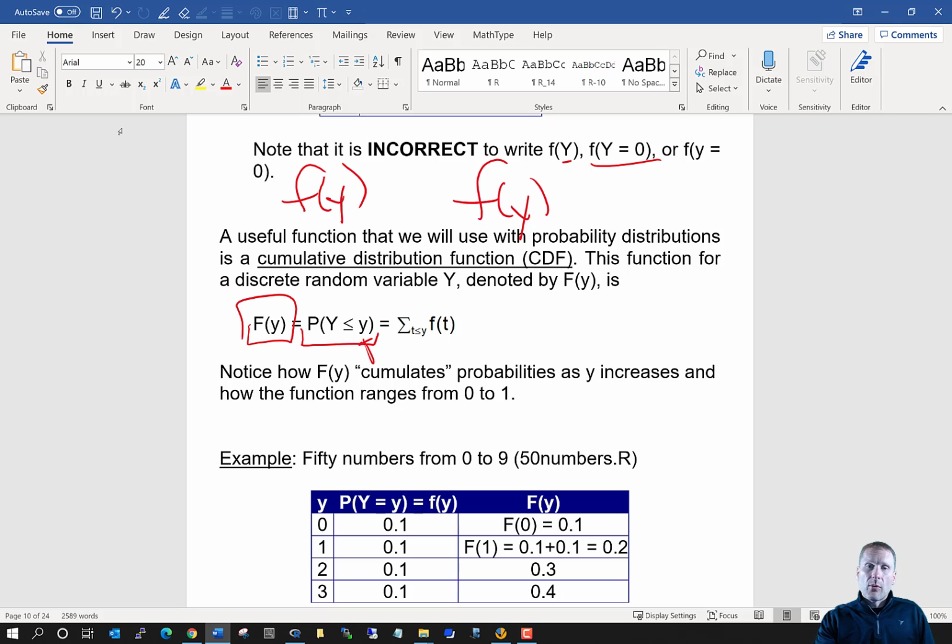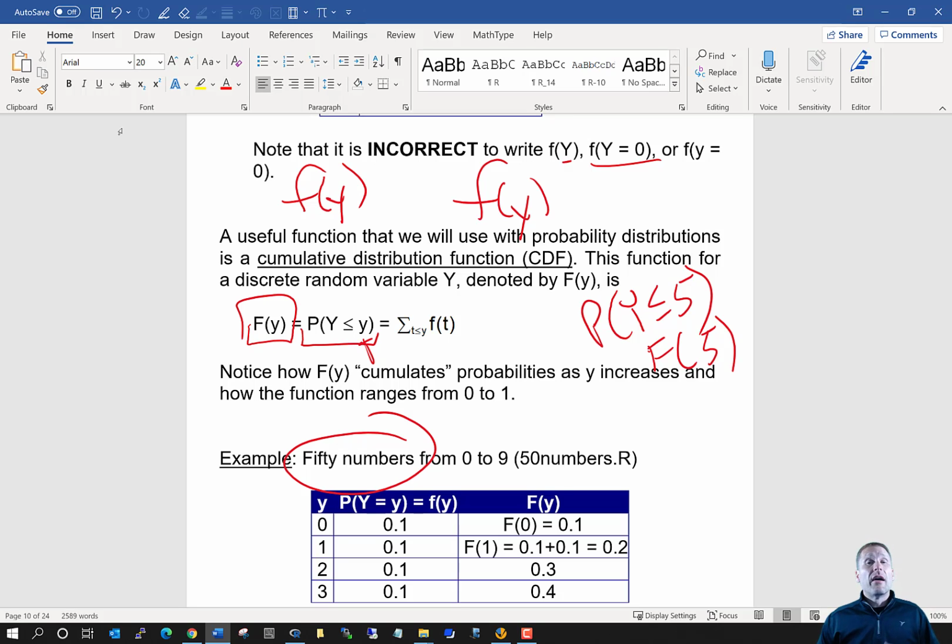So for example, with our 50 numbers example, maybe I might be interested in the probability that I will draw a number that's less than or equal to 5. Using the CDF notation, we can represent this as capital F of 5. Relating this back to our f of y notation, we take the sum of f of y over all possible values that y can take on up to the particular value of y we're interested in.